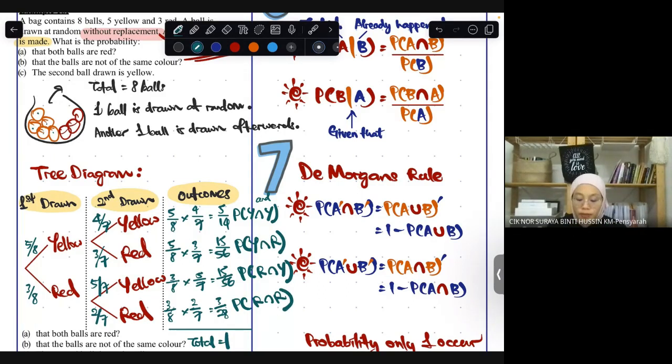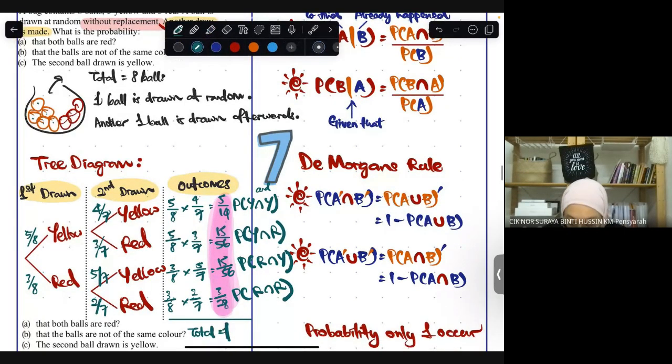So these are the probability, and then when you total them together, this is a magic. When you add these probability, you will get the total probability of 1.